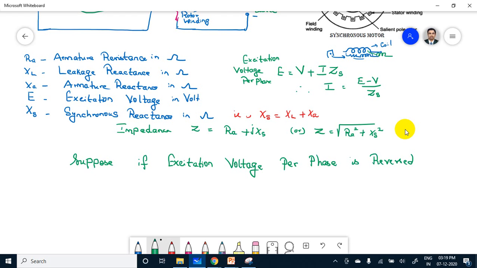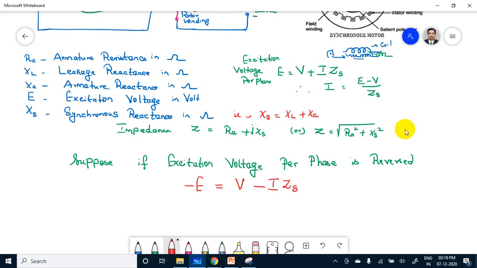Instead of E, I can write minus E equal to V, and if I change this E term, the current will change. So minus I into Zs.